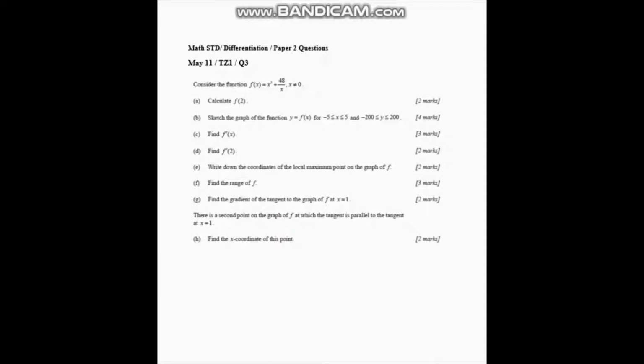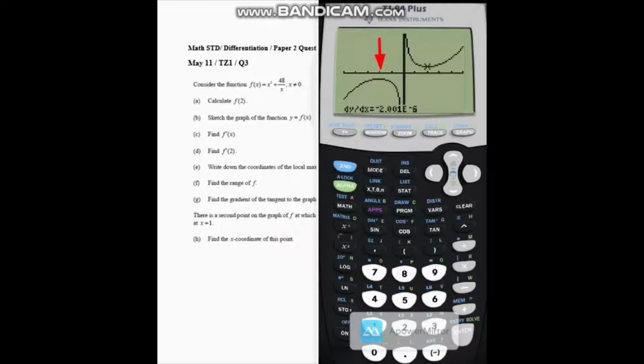Next, I'm required to write down the coordinates of the local maximum point on the graph of f. So I can use the GDC to do that, simply because this is a write down question, not a calculate question, and there are only 2 marks given for this. So the maximum point exists somewhere there.